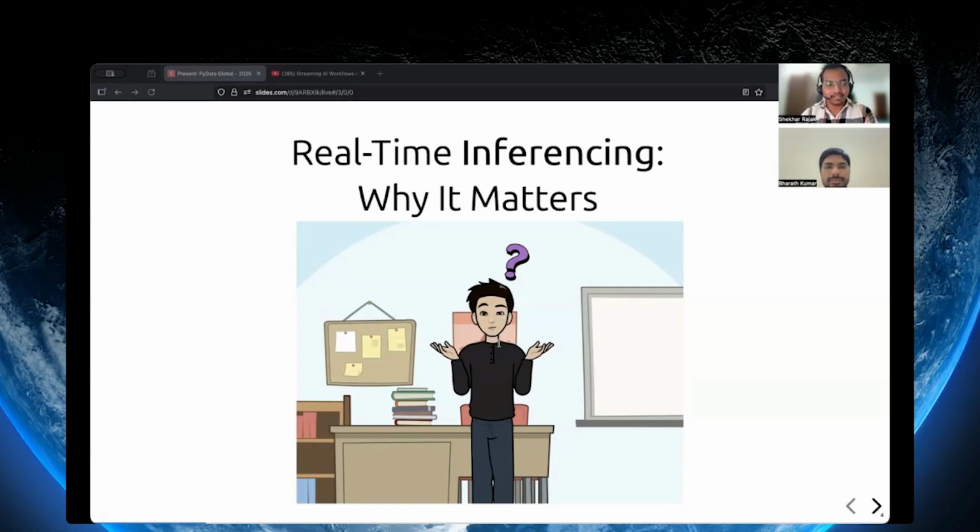That means we need a system which can process millions of users' comments in real time and make sure that none of them are hate speech or violating any policies. Real-time ML inferencing solves these kinds of problems, where all the comments are processed in milliseconds and we decide whether we should render those new comments or not.